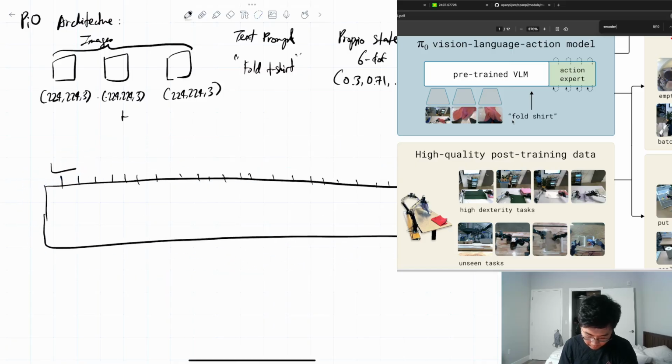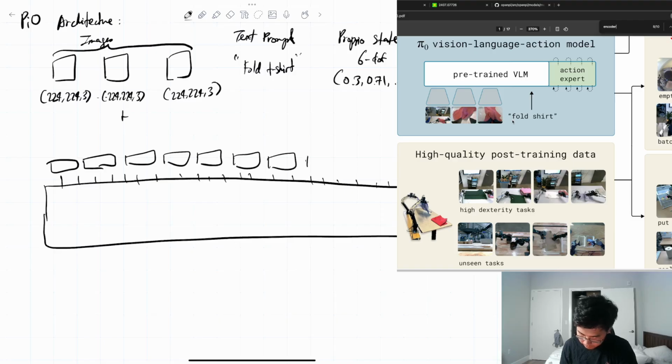Your VLM expects a list of tokens, and then each token gets mapped to an embedding vector, right? So the tokenizer, we know how an LLM works. We understand that it's tokenizing this.